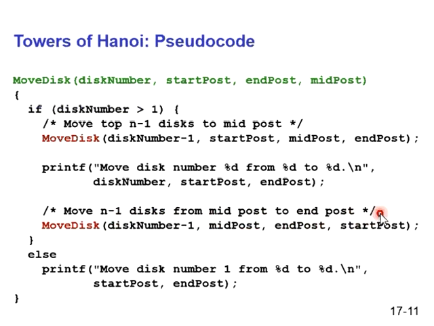Over here now we use the start post as the mid post, a temporary post. And we move n-1 disks from mid post to end post. Else we move the smaller disk, number 1, from start post to end post.